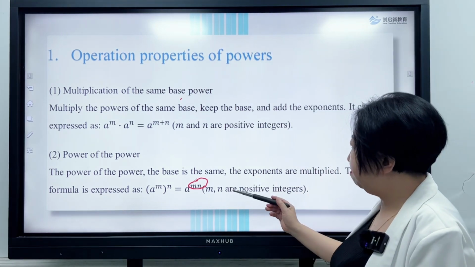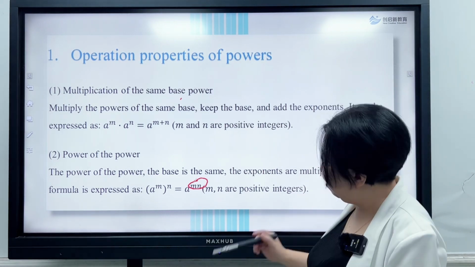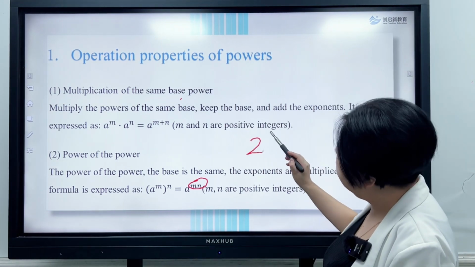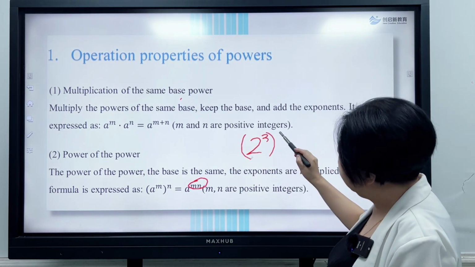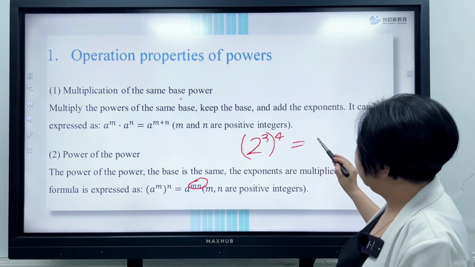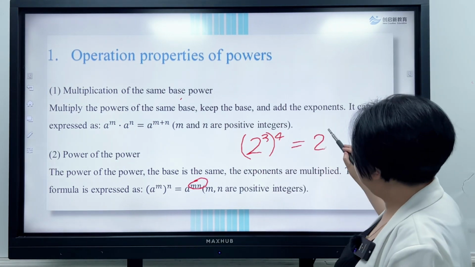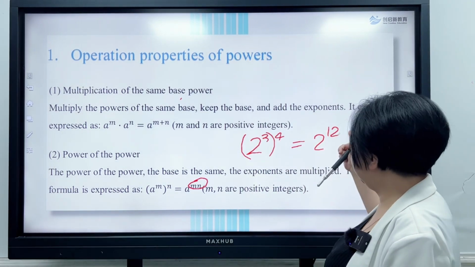Of course, m and n are positive integers. For example, 2 to the third power, to the fourth power, equals 2 to the power of 3 times 4, which is 12.